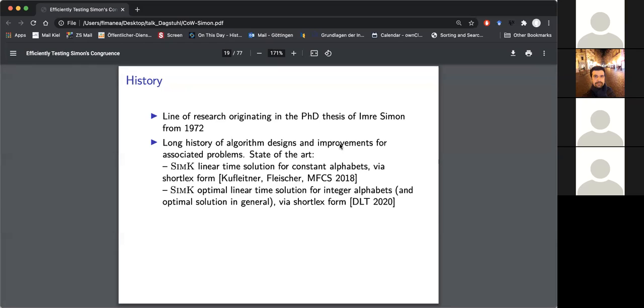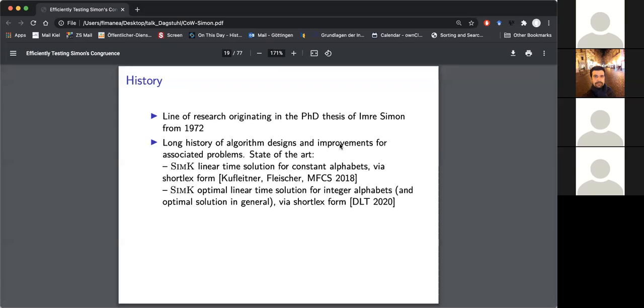I think that the state of the art about 2 years ago, when I started looking at these two problems, was the following. Kufleitner and Fleischer at MFCS 2018 had a very nice paper where they showed that essentially you can compute the shortlex form of a word.